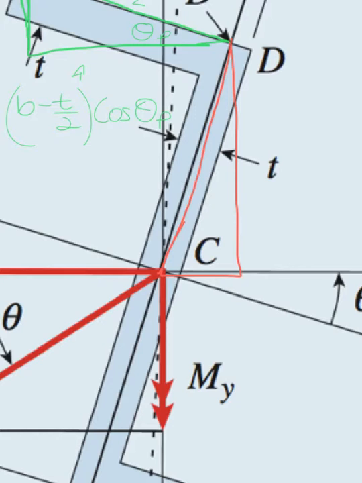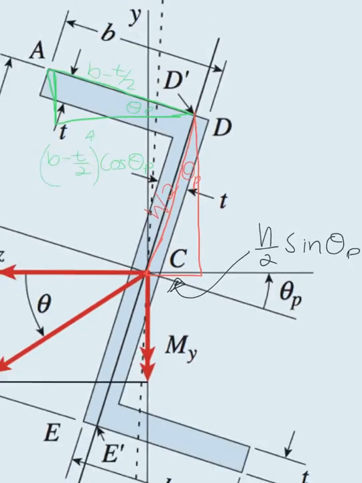Okay, so that's h over 2, and that's theta p, and we can find that side, the horizontal part, and that basically will be equal to h over 2 the sine of theta p. So we subtract this one from that one, which will give us the z coordinate of point A.